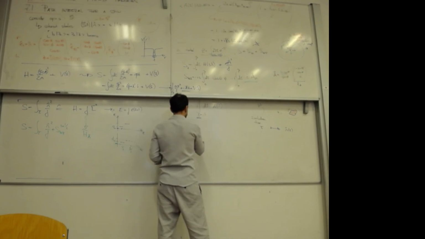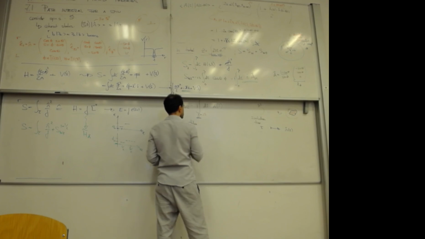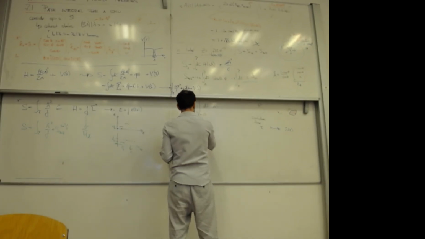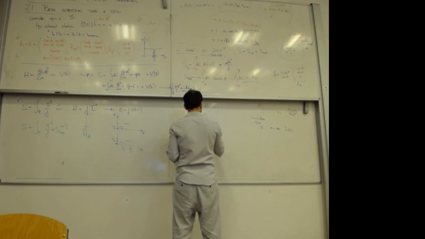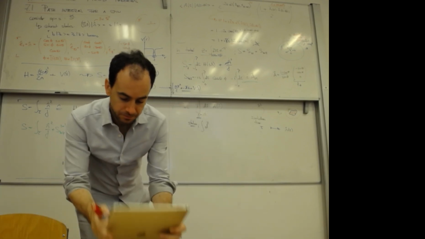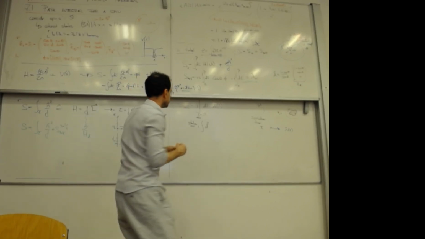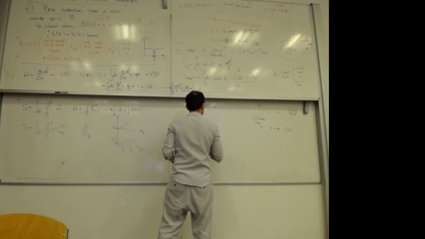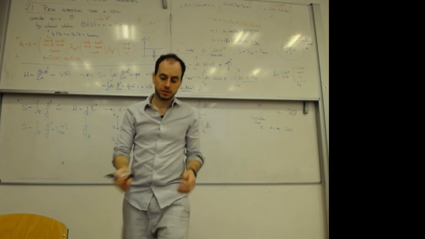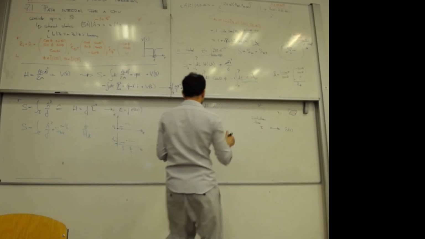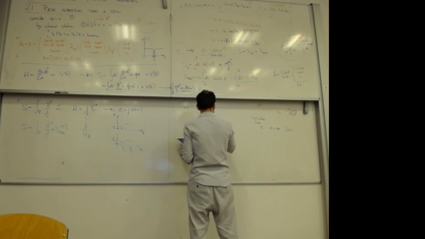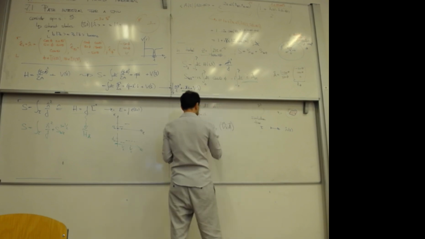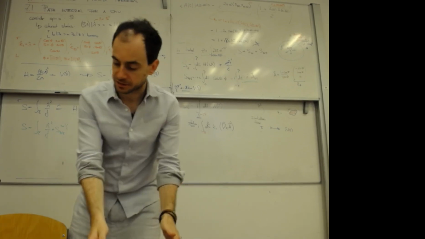Now we use Stokes. So what we get then is that we can integrate over the whole area: I integral d2s, and then we have here the curl of A, which is the same as n.